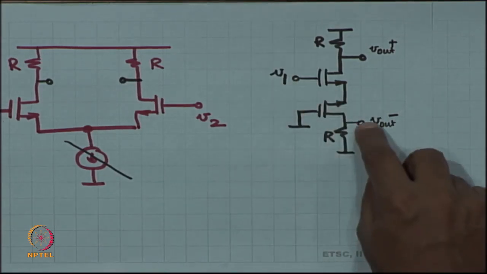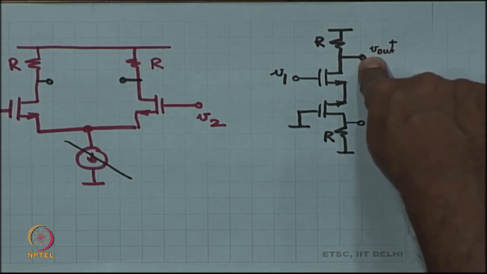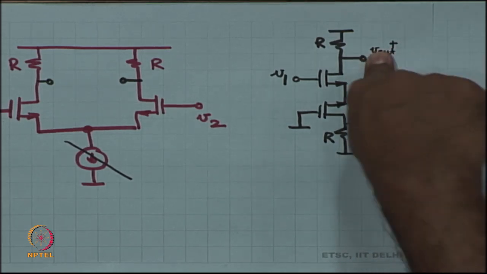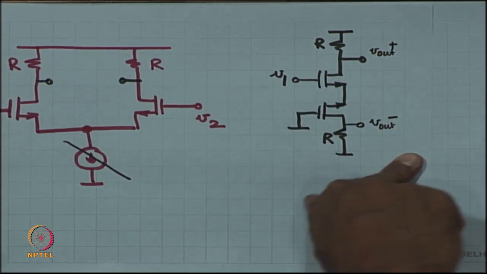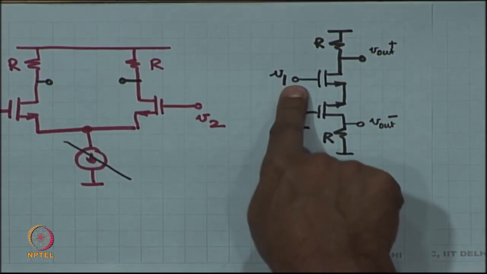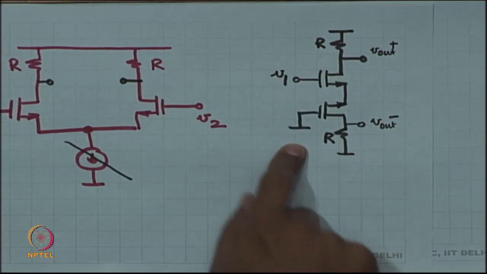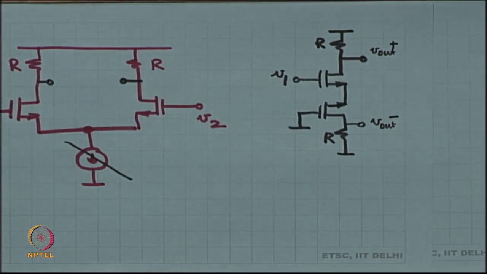By the way, this output impedance will work both ways. This output impedance is the same whether you look in from V out plus or whether you look in from V out minus. It is the same whether you have applied signal at V1 or signal at V2. The output impedance answer is the same no matter what. So, you better do it right.